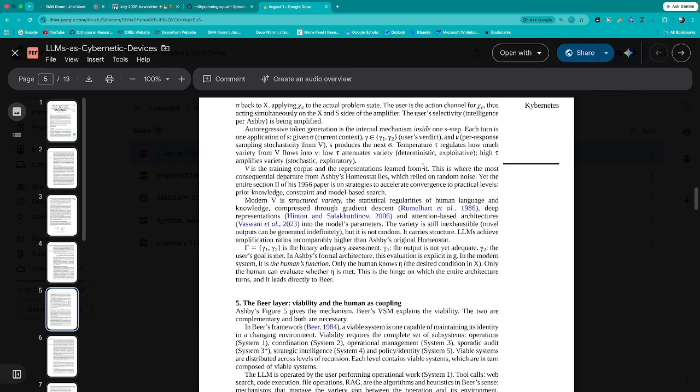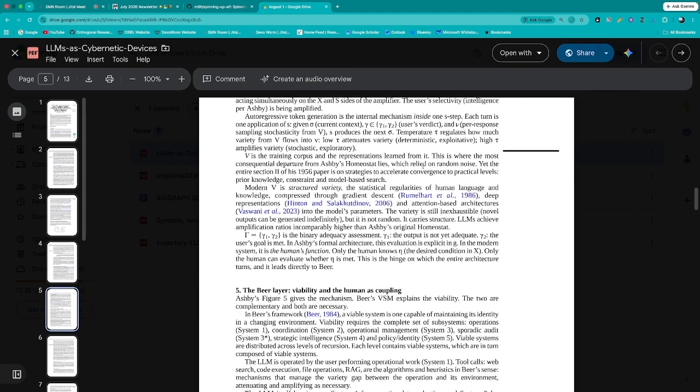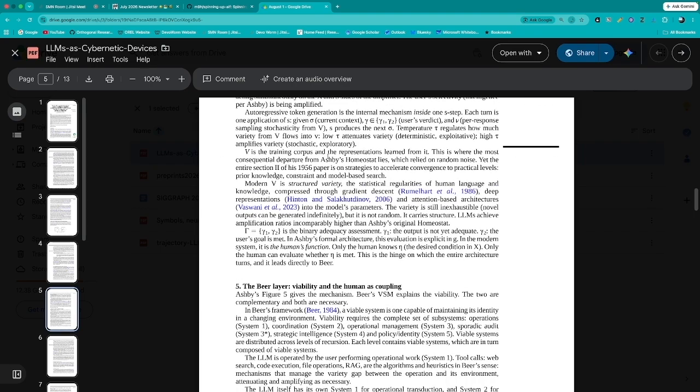So, you might have different features within that training set, or the training corpus, that is how the states are characterized. This is where the most consequential departure from Ashby's homeostat lies, which relied on random noise. So his original homeostat, which is a version of intelligence amplification, relied on random noise.